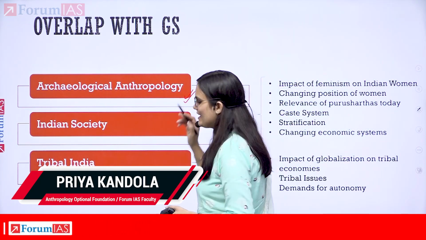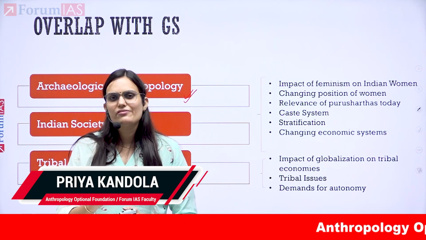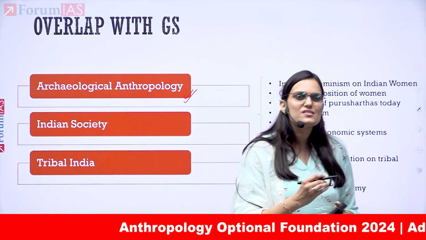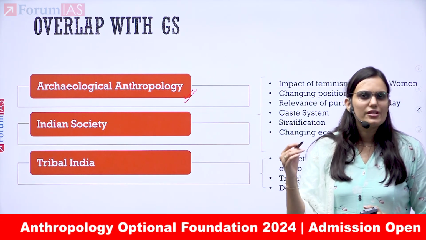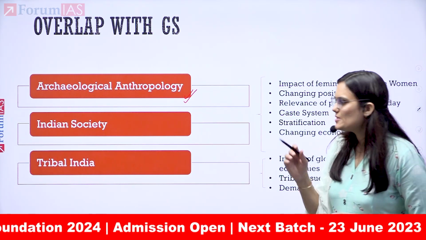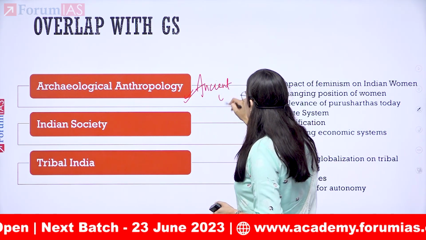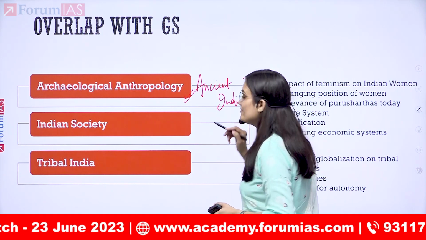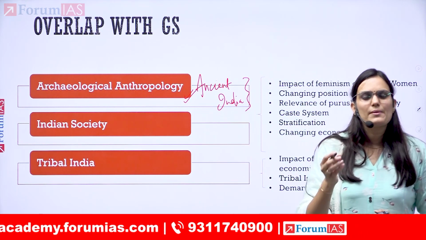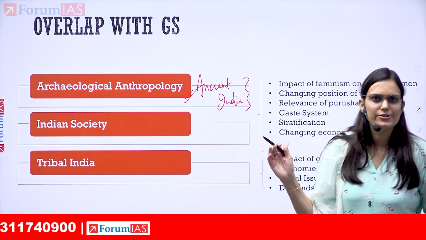First is archaeological anthropology, which is a subdiscipline under anthropology where we study the historical ages the planet Earth has been through, starting from Paleolithic to Mesolithic to Neolithic to Chalcolithic cultures. Okay, and this part has a very significant overlap with what you study in ancient India. Entire ancient India with the names of the sites, okay, Indus Valley civilization, prominent findings of the IVC from different parts of the country, everything will be covered here.